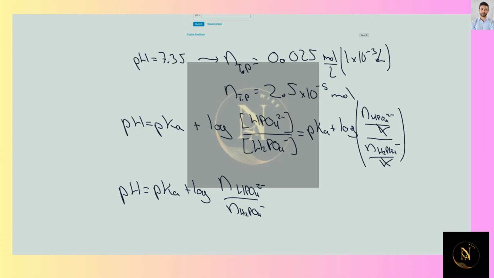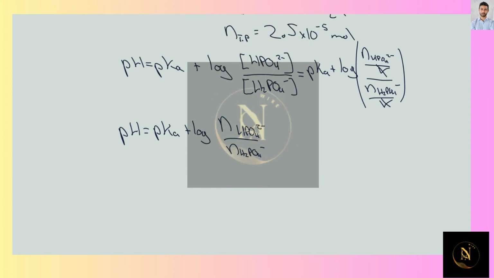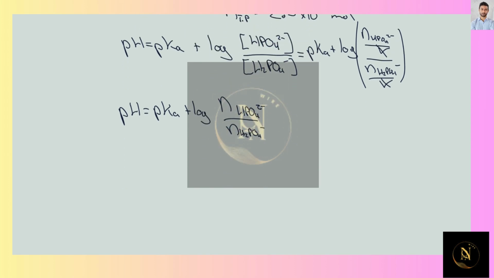Okay, so now to know the initial values for amount of mole that we have, let's consider the reaction of H2PO4 minus that is going to generate HPO4 2 minus plus H3O plus. This is the reaction with water, of course, for this reagent.